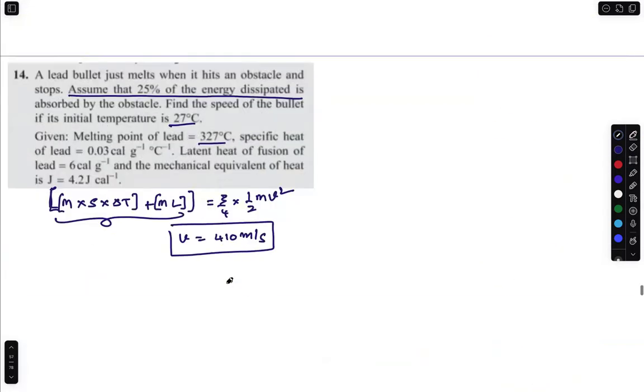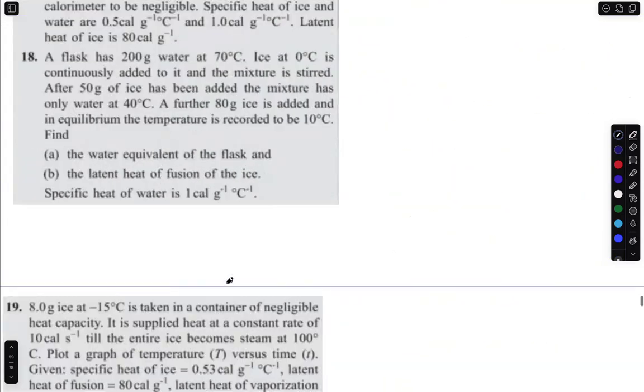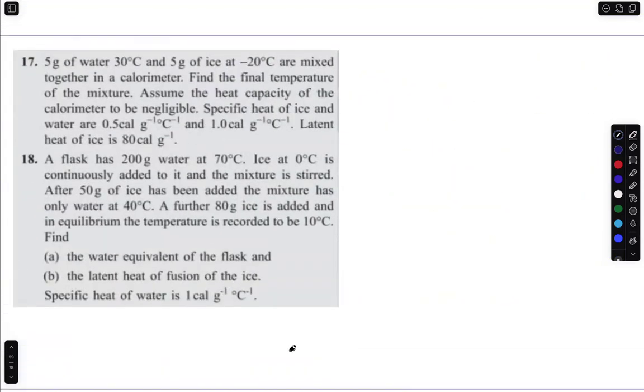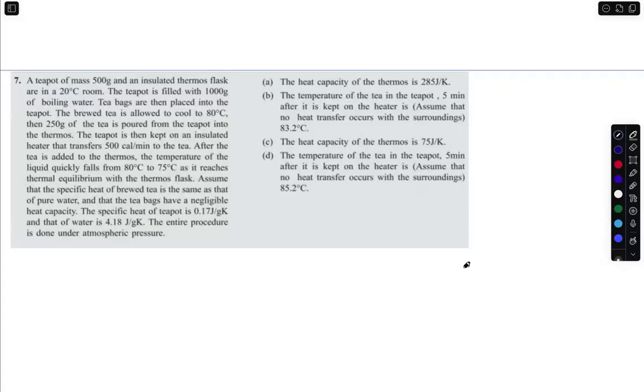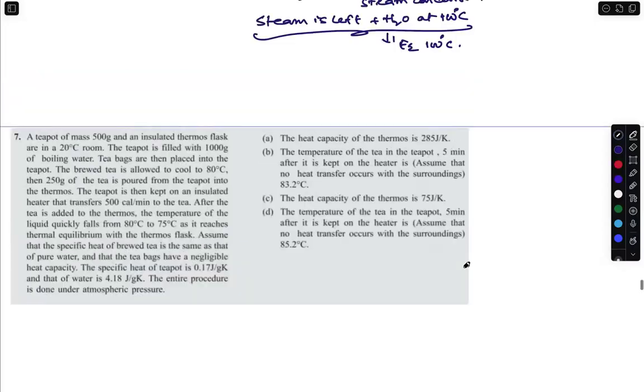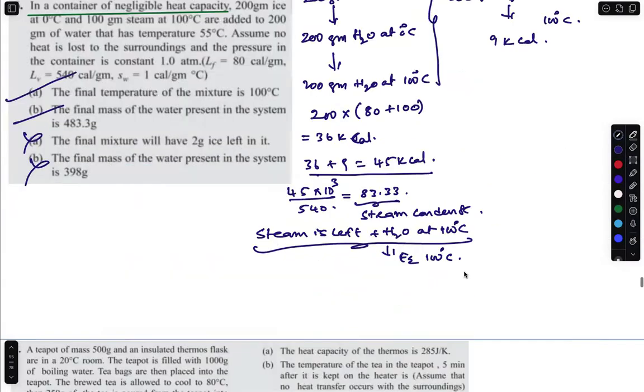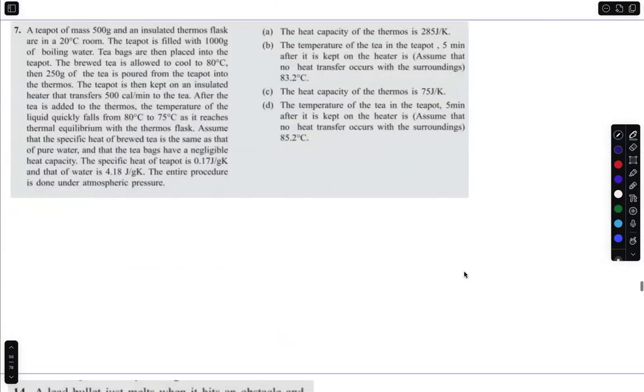Now we'll proceed further. Some of these questions we have already done. So this is the next question which we are supposed to deal with. You have a teapot of mass 500 grams and an insulating thermos flask in a 20 degrees centigrade room.